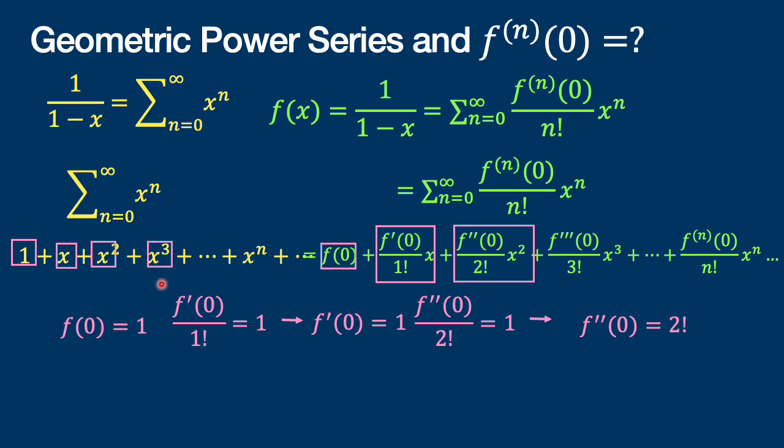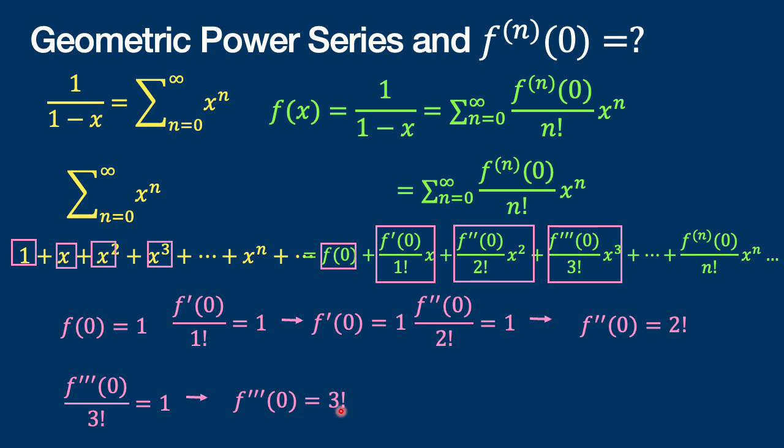Let's compare degree 3. On the left side, the coefficient is 1. On the right side, it is the third derivative at 0 over 3 factorial. So the third derivative at 0 over 3 factorial equals 1, which means the third derivative at 0 is 3 factorial.